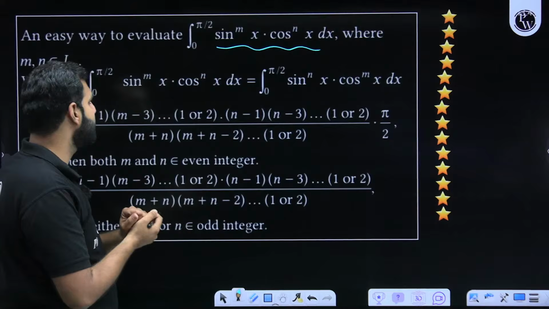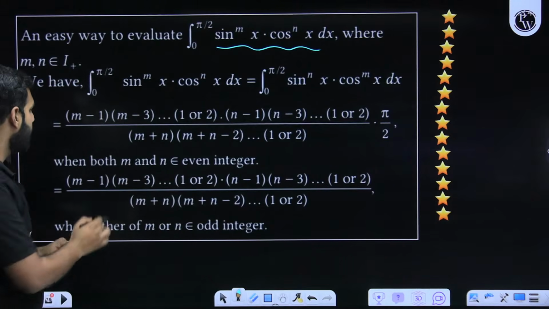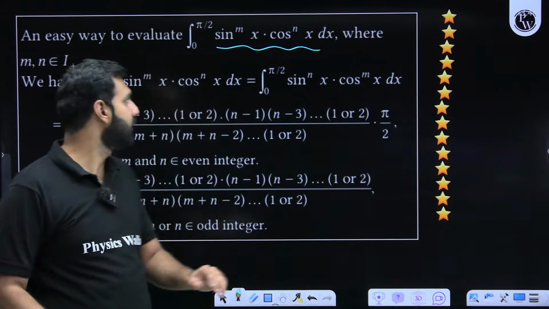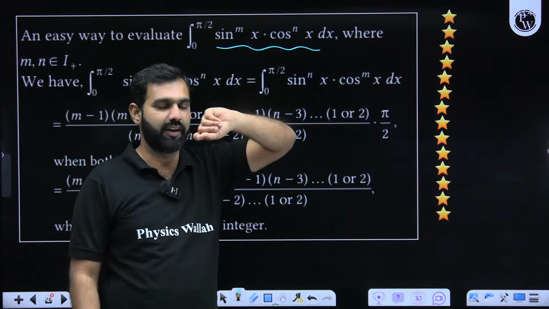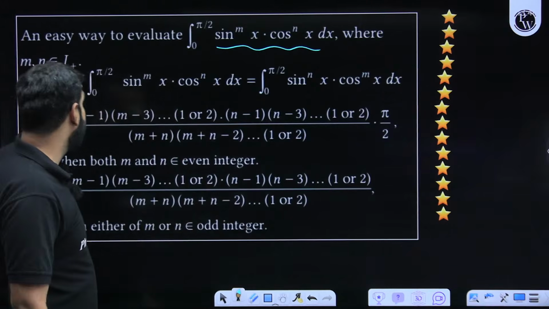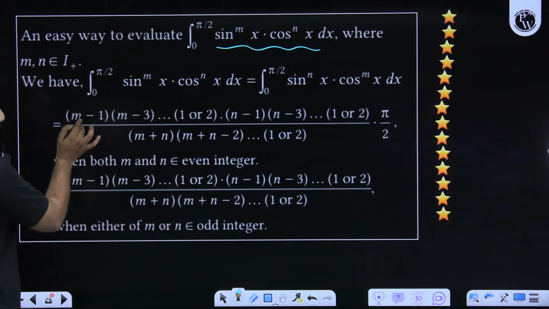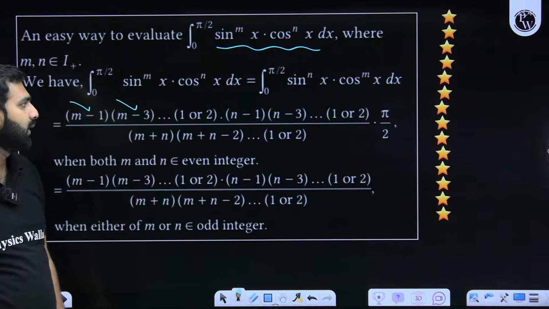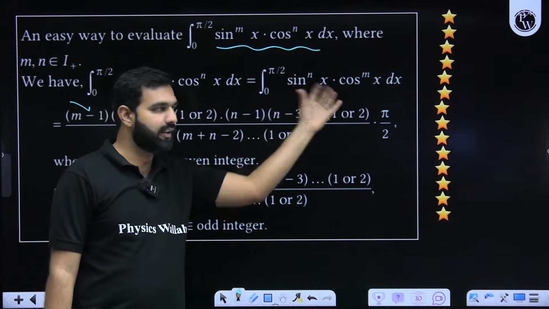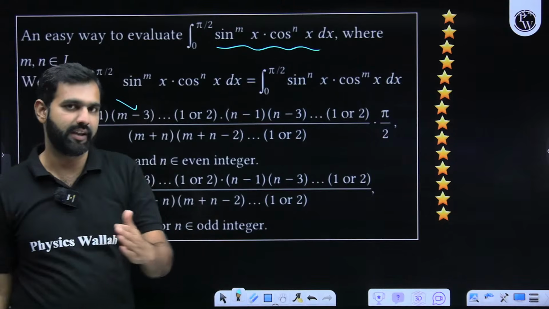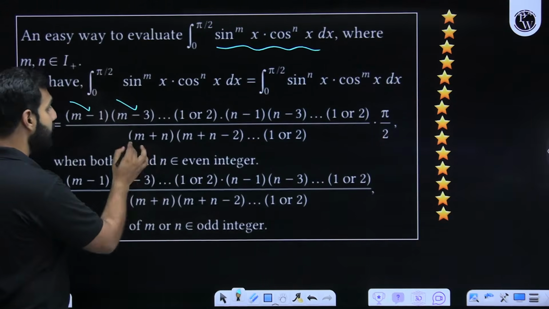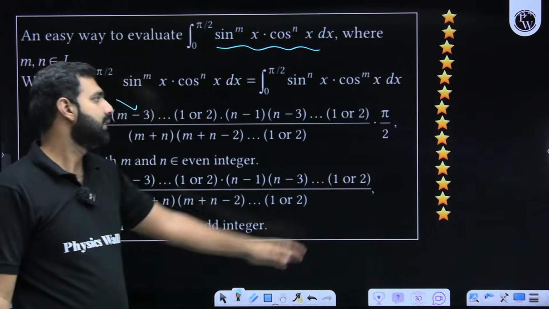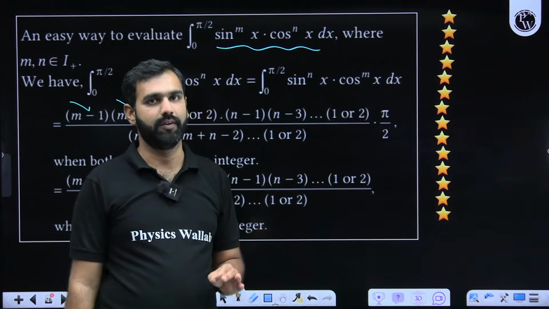If m and n both are even, what you do is m minus 1, m minus 3, until 1 or 2 is achieved, and then n minus 1, n minus 3, until 1 or 2 is achieved. Don't take it for negative values. Divided by m plus n, then m plus n minus 2, keep doing it until 1 or 2 is achieved, times pi by 2 if both are even.